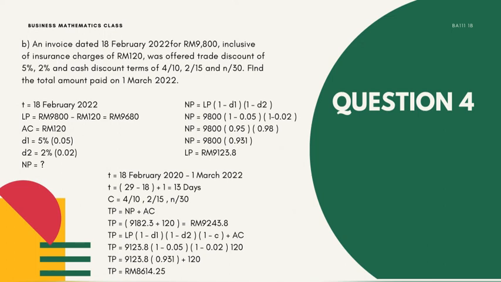So the TP equals LP bracket 1 minus D1 bracket 1 minus D2 bracket 1 minus C plus AC. So 9,123.8 bracket 1 minus 0.02 bracket 0.931 plus 120. So we will get RM8,640.25.